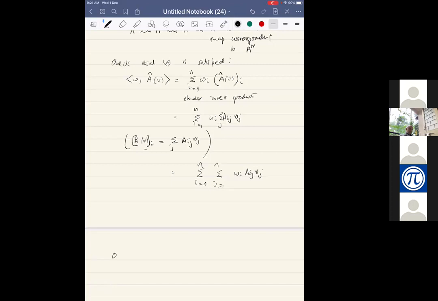On the other hand, if I define A dagger as above, A hat, sorry.